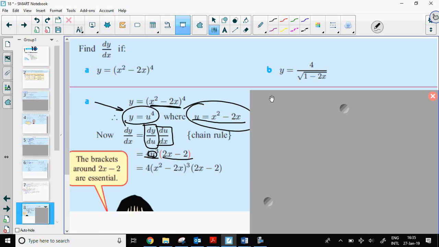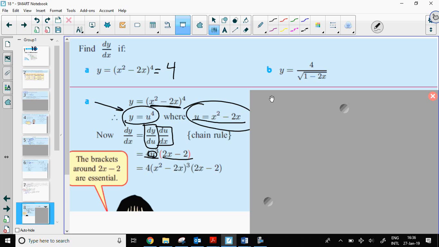Here's how I would write this down. And again, it's the same thing. I'm just thinking of it in a slightly different way. Again, I look here and I notice that the outside function is to the fourth, and then the inside function is x squared minus 2x. So I just write down, kind of in one step here, the derivative of the outside function. That's power rule.